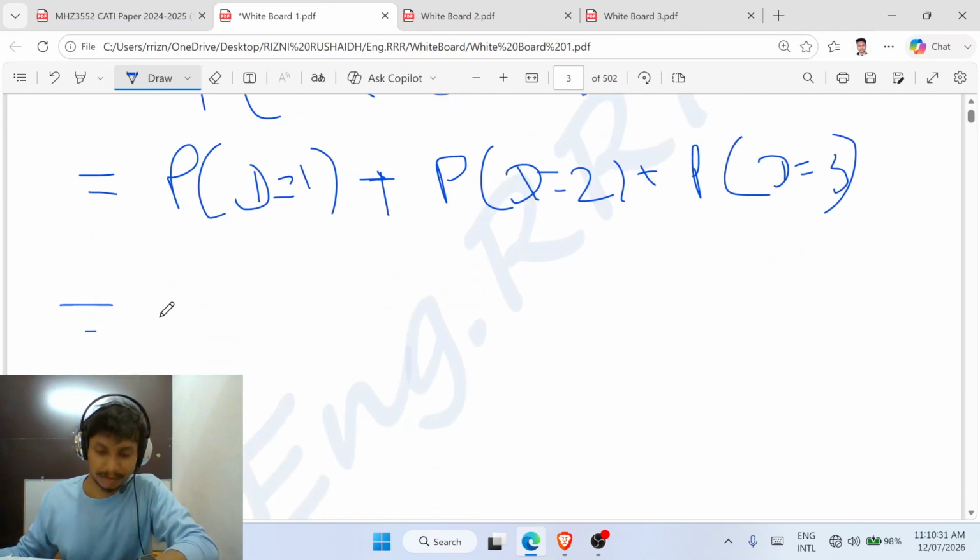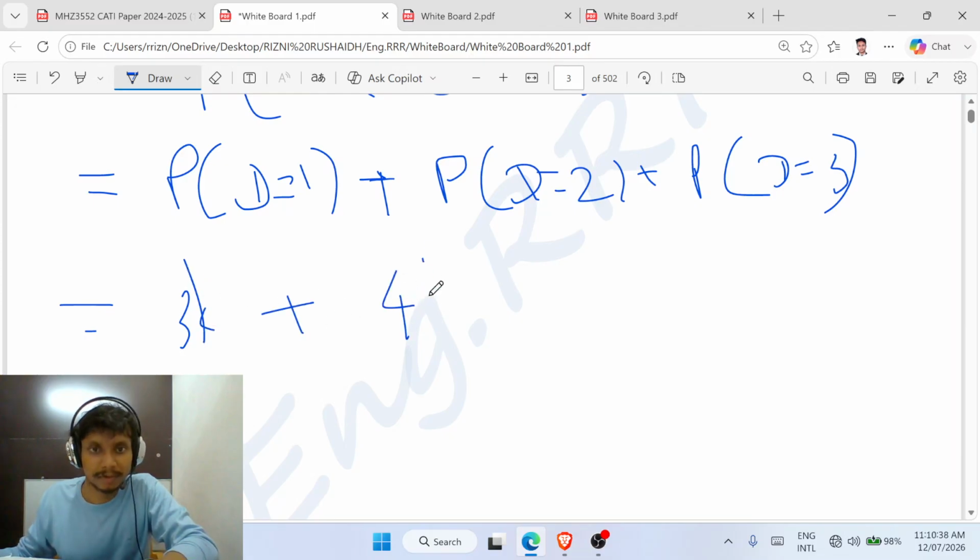P of D equal to 1 is 3k, P of D equal to 2 is 4k, P of D equal to 3 is 3k. 3 plus 4 plus 3, 10k.